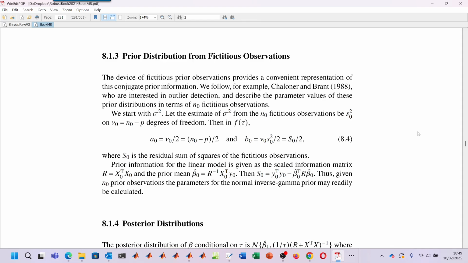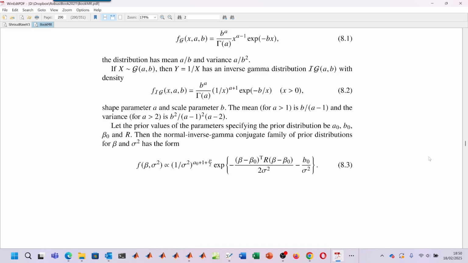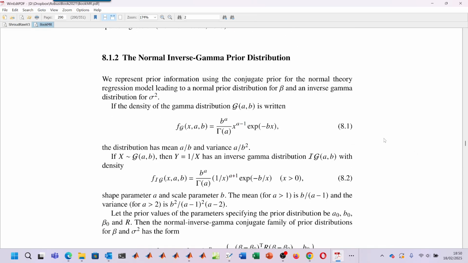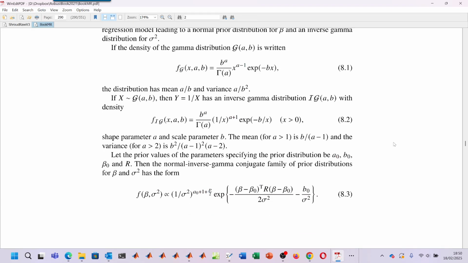For the normal distribution, the conjugate distribution is called a normal inverse gamma conjugate family of prior distributions. The inverse gamma refers to the distribution of 1 over sigma squared, which is called tau, sigma squared itself, or the estimate thereof, having a chi-squared distribution.